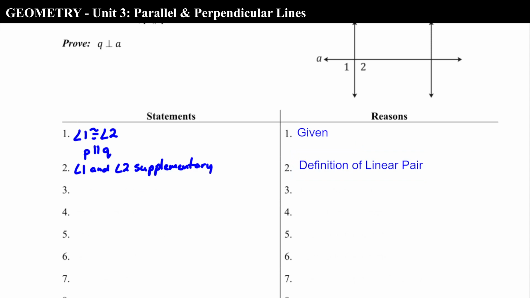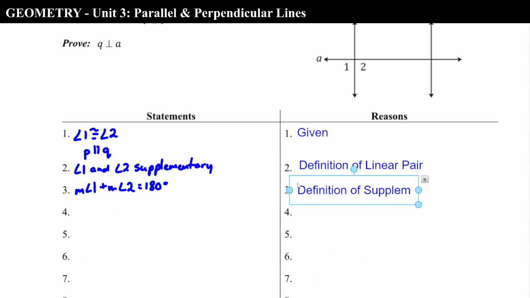All right, moving along, if we know that 1 and 2 are supplementary, then the measure of angle 1 plus the measure of angle 2 are going to be 180 degrees. And that comes from the definition of supplementary. It also comes from the linear pair theorem.